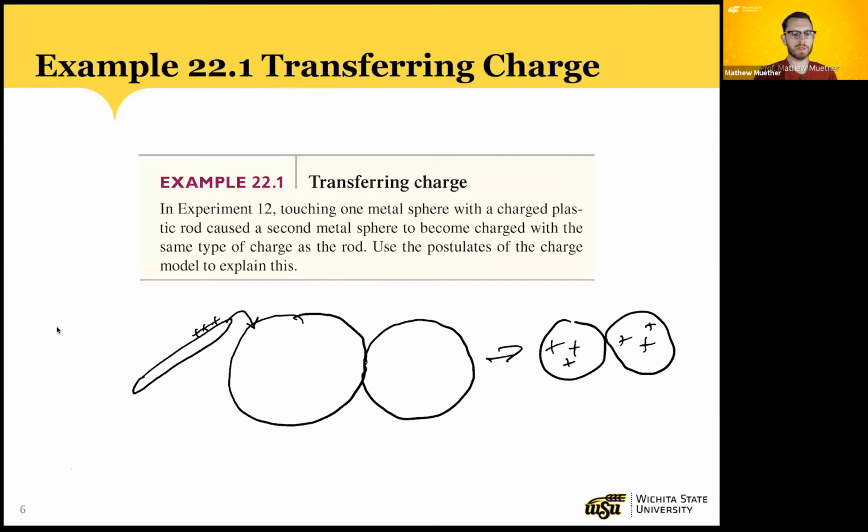Can anyone tell us what this experiment reveals about charges and conductors? If you want to type it in the chat, feel free to do that. Charges flow through the conductive objects.